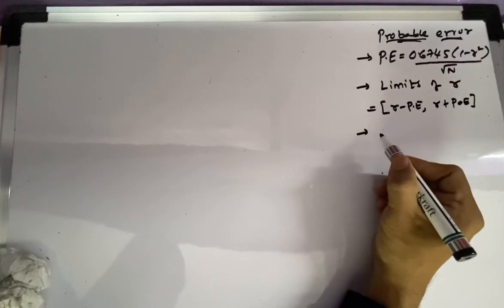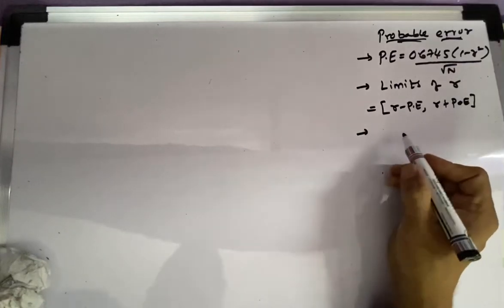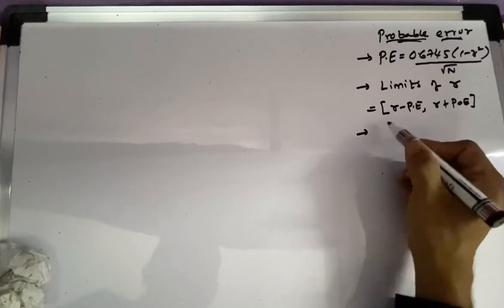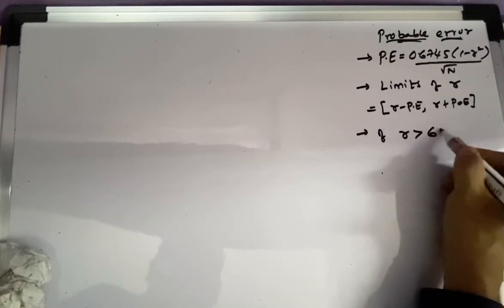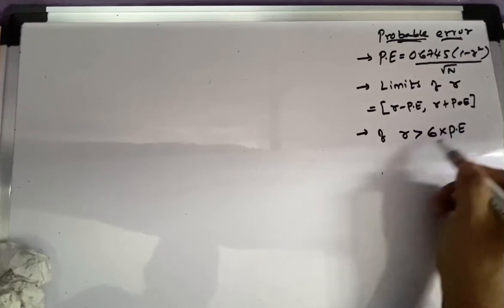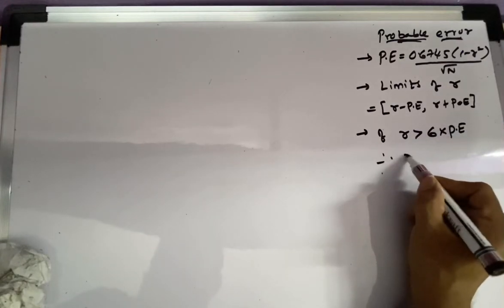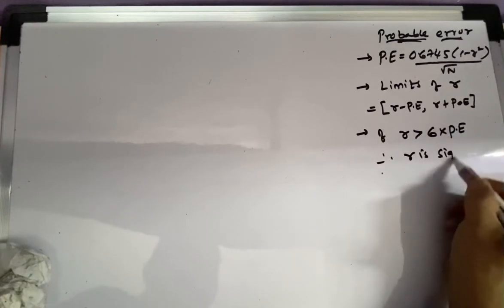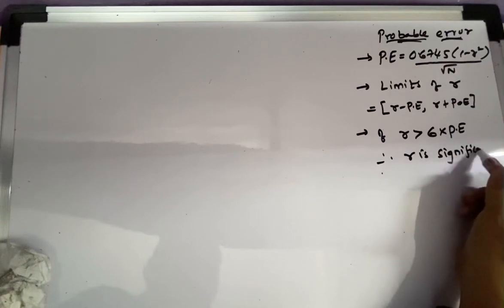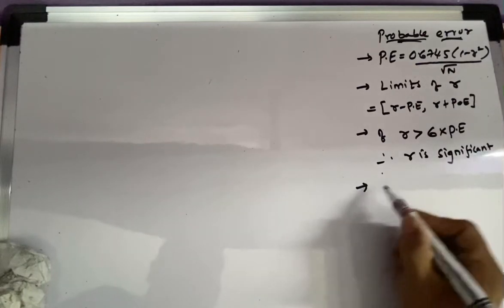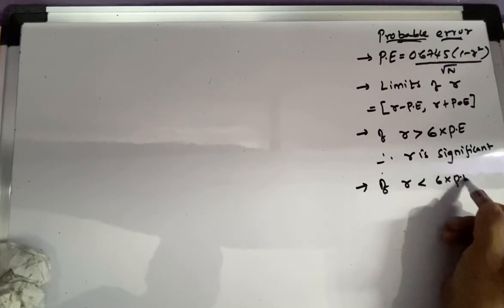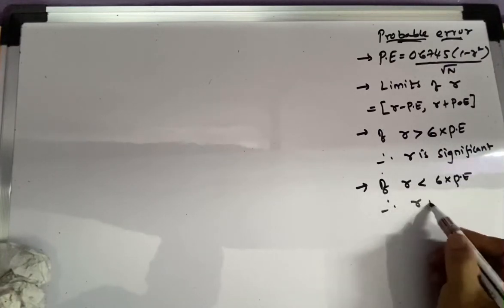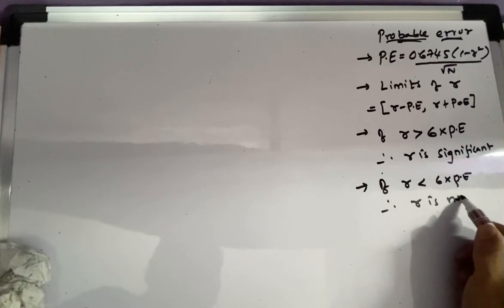Then we have, if r value is greater than 6 times of probable error, then we can say that r is significant. If r value is less than 6 times of probable error, then we can say that r is non-significant, or not significant.